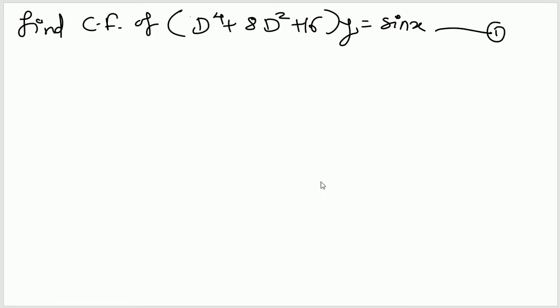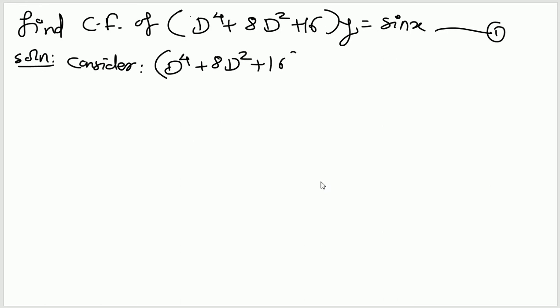Okay, so solution, as we are finding complementary function, we have to consider only its homogeneous part. (D^4 + 8D^2 + 16) y = 0 because we are finding complementary function. Now first step is we have to find its auxiliary equation.